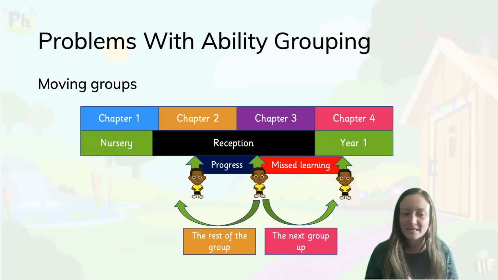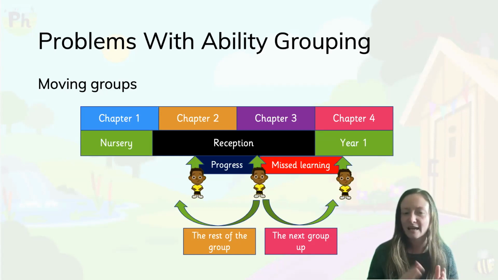And also small groups can cause some problems with this as well. So again, if I start with a child that knew about 10 GPCs at the end of reception, they might get put in a small group and make lots of progress, so end up in that one in the middle, which is fantastic. But if the rest of the group don't make that same progress, they might have to go back to where they were, so that orange block over there.